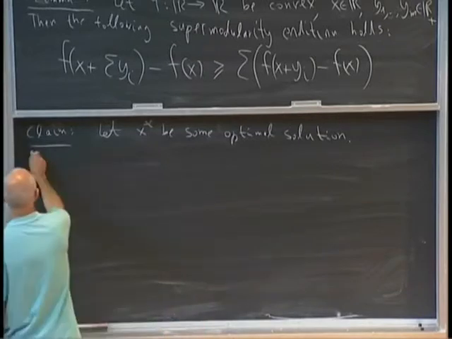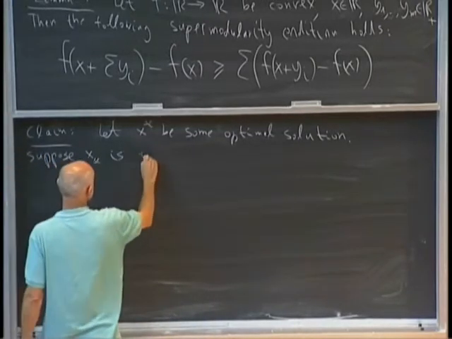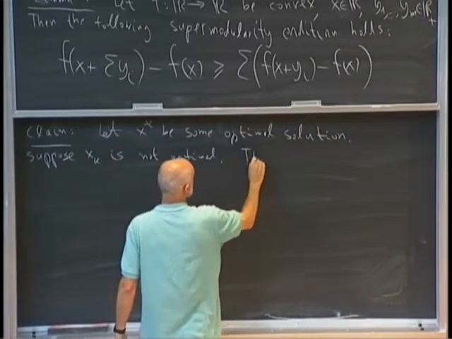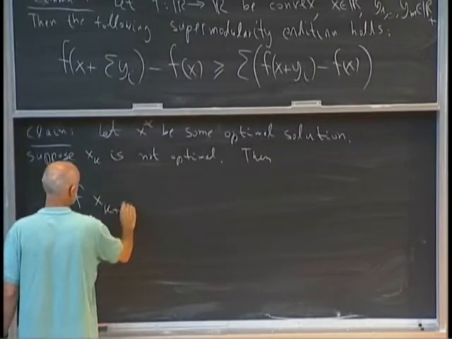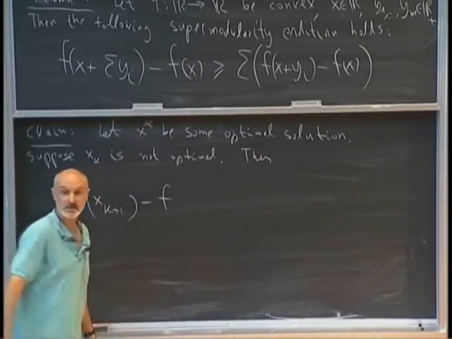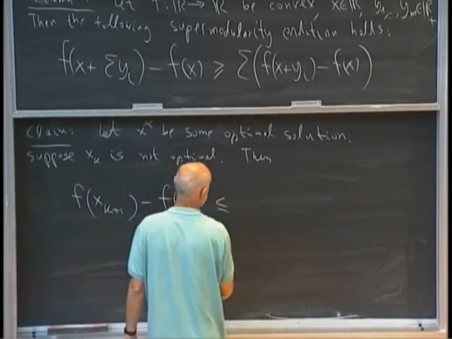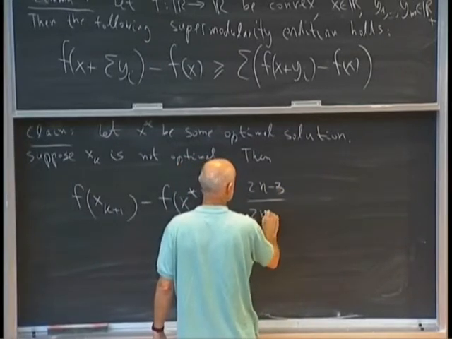And suppose x_k is not yet optimal. Then the next point, we are minimizing. So I'm comparing this, and then I'm claiming this is going to be something like this.